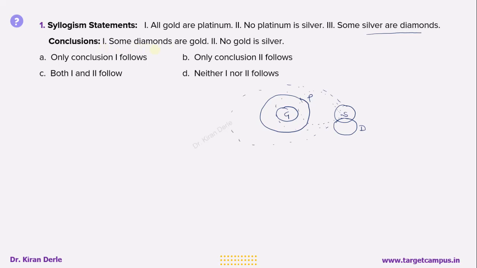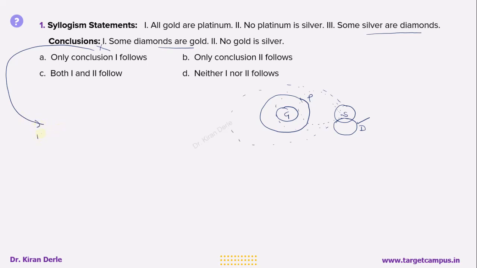Okay, now conclusion first: some diamonds are gold. This conclusion is telling us that in any condition, definitely, some diamonds are gold. Can we definitely say that? No, because some silvers are diamonds can also go like this. Please try to understand the difference.